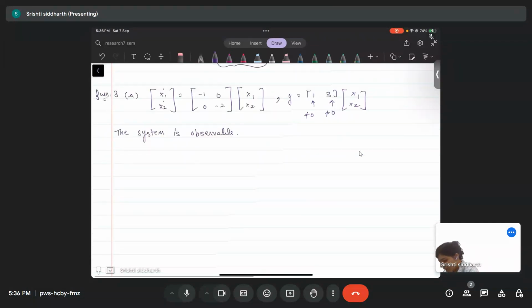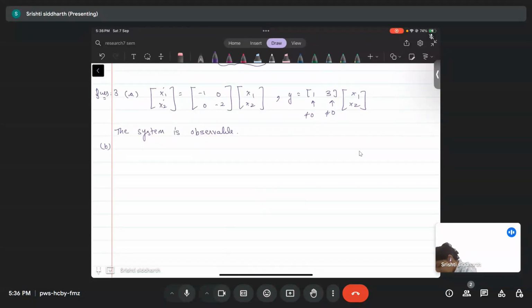Alright, so now let's look at a third order system. Again, it has already been diagonalized.